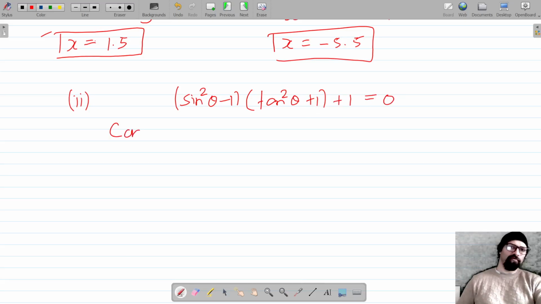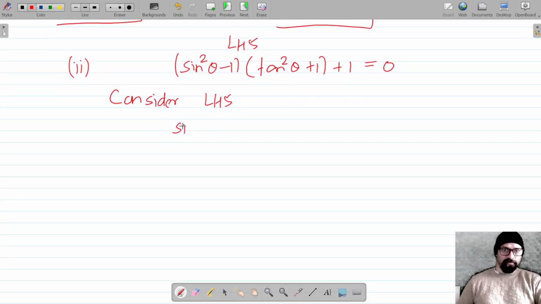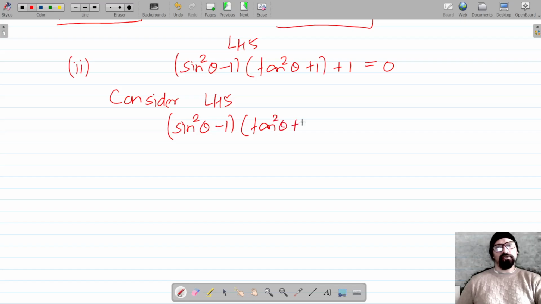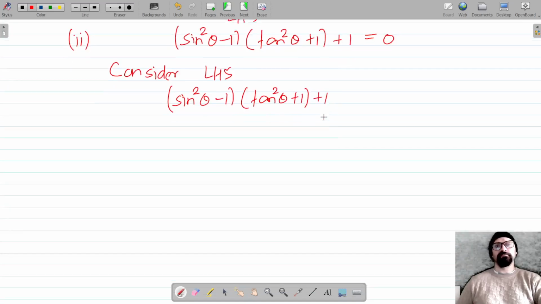That's what we have to prove. So I'm going to consider the LHS, the left hand side. So LHS is (sine squared theta minus 1) into (tan squared theta plus 1) plus 1.